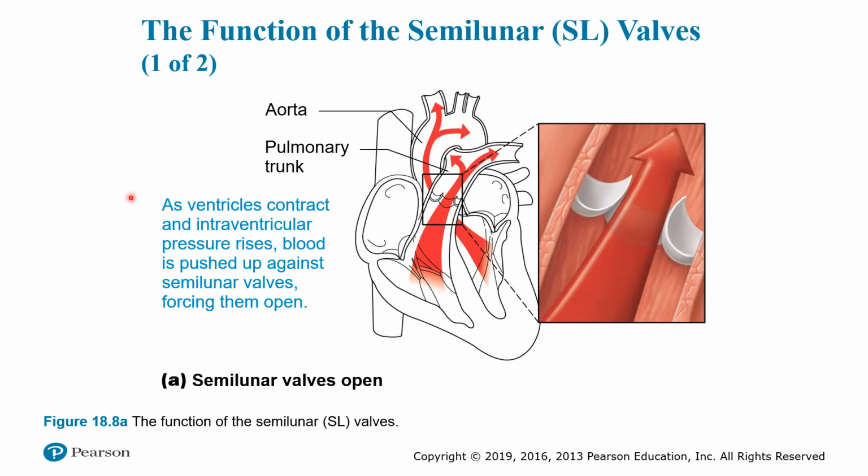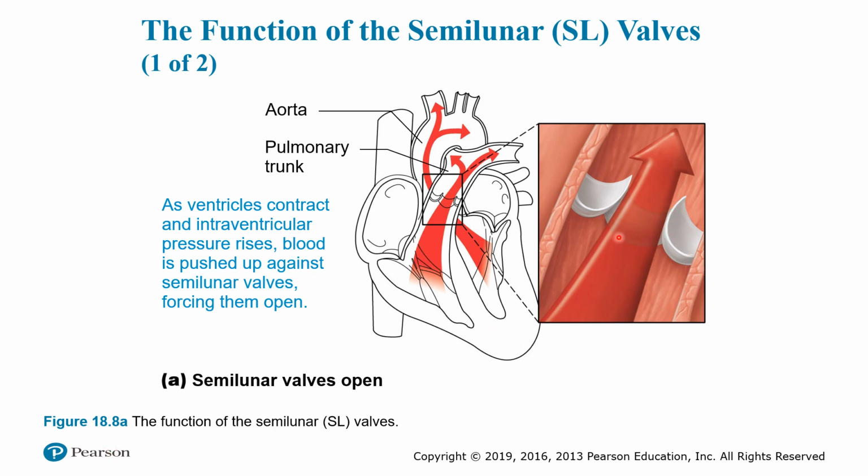Now let's see what happens to these valves when the ventricles contract. As the ventricles contract and intraventricular pressure rises, the blood is pushed up against the semilunar valves, forcing them to open.